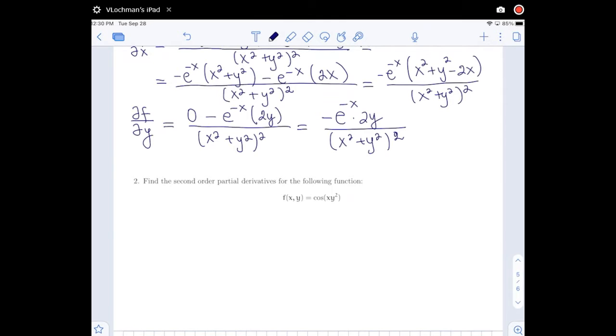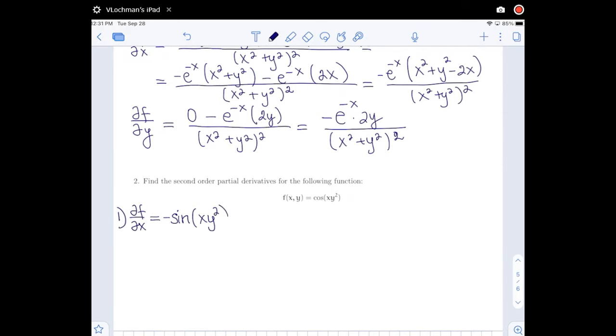It says find the second order partial derivatives. I have cosine of the product x y squared. Let's deal with x first. So df dx. First, we need to deal with the cosine function. The derivative of cosine is negative sine of x y squared.